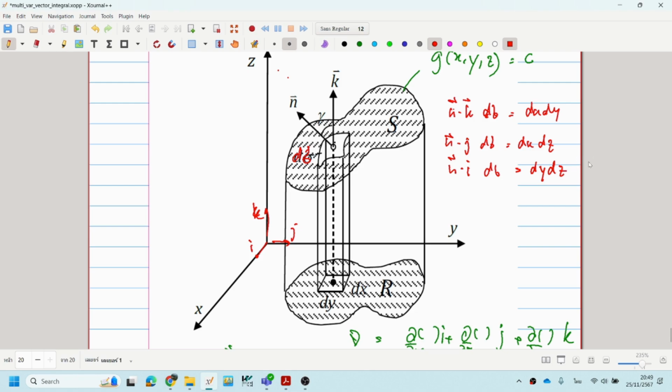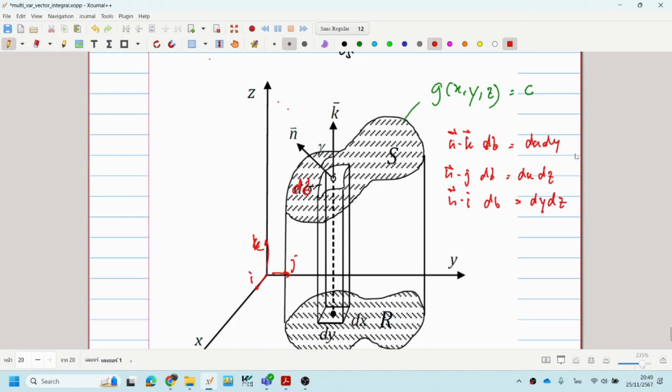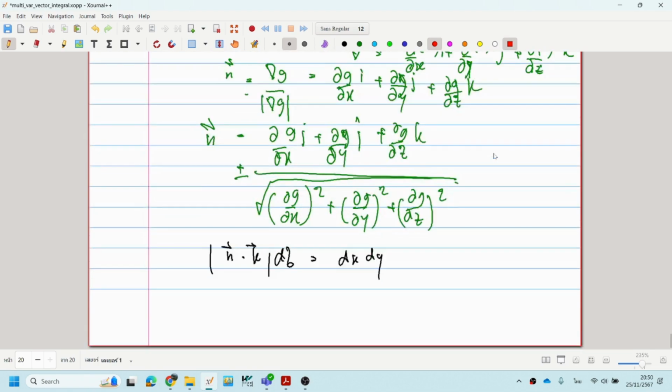The area direction depends on which plane you take the projection to. Go along with the formula. In this case, I need to project down to the XY plane, so the formula is n dot k d sigma equals dx dy. What about n dot k? What is n dot k? I will show you the n vector.